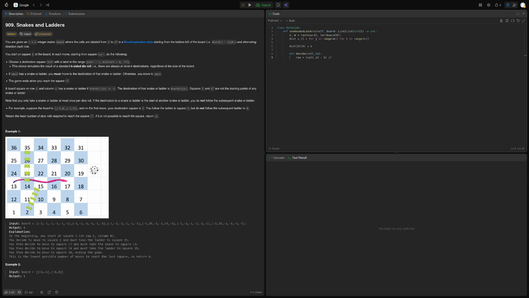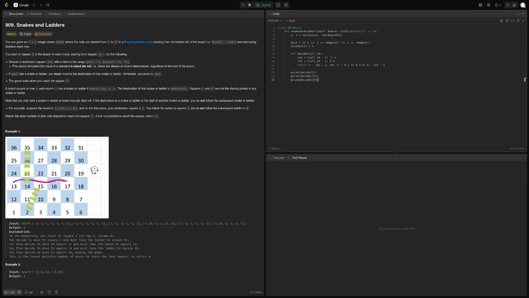minus 1 divided by number of columns, and then col is cell ID minus 1 % columns, and then print decode 2, print decode 15, and n minus row minus 1. Col if n % 2, else n minus col minus 1.